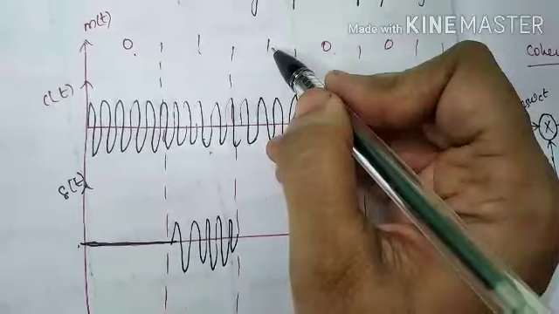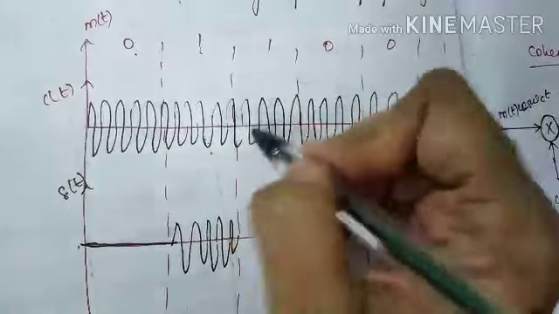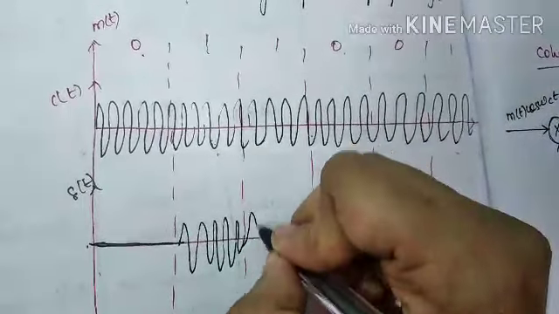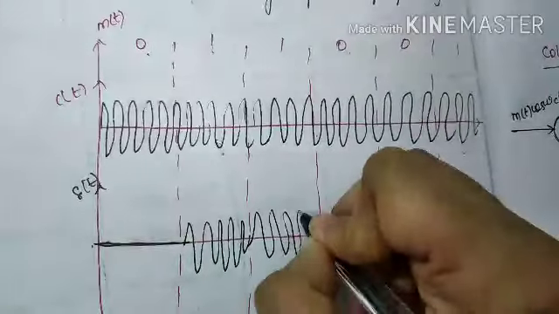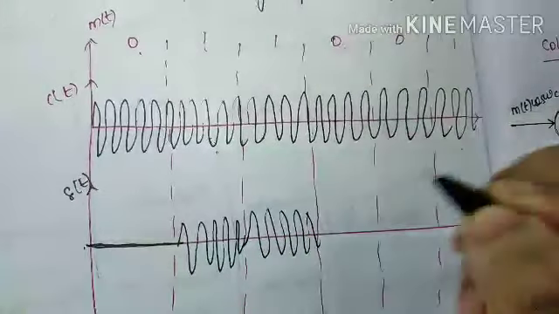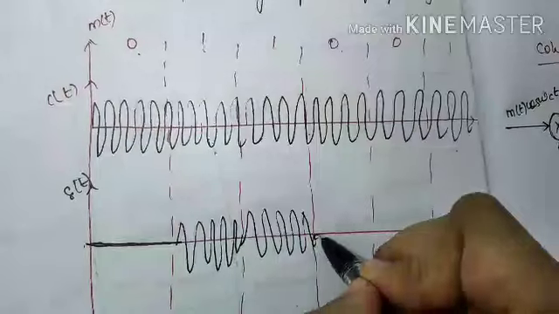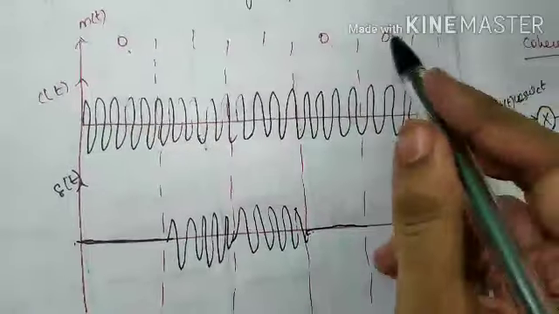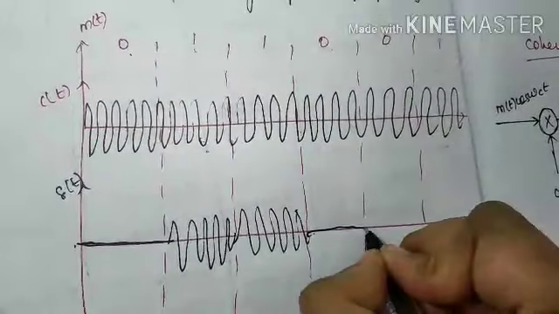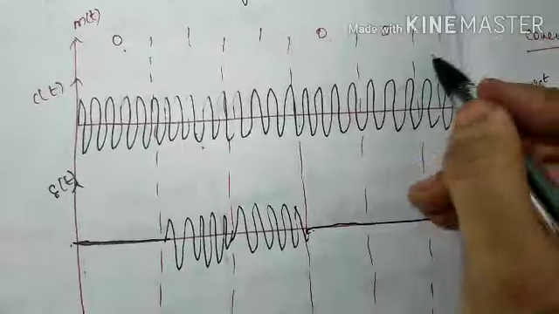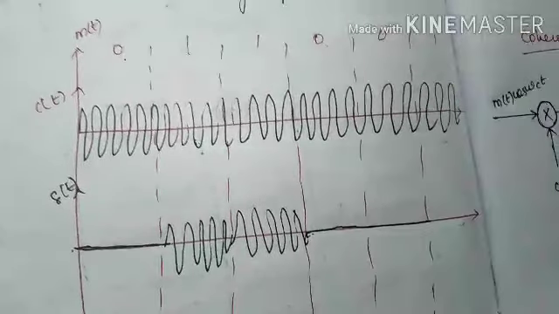Here also we are having 1, so the same carrier wave will come over the modulated signal. Here the message bit is 0, so again 0. Here we are having 1.